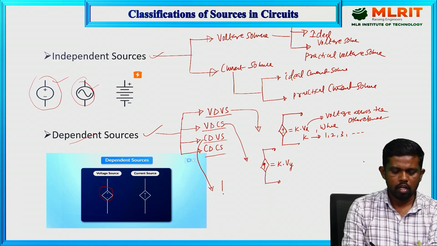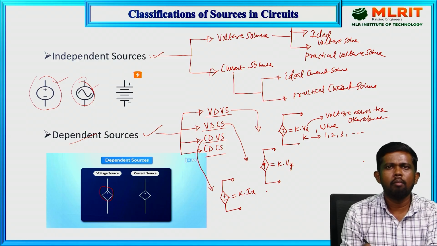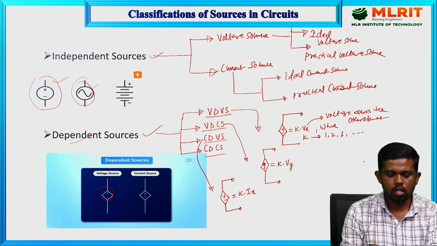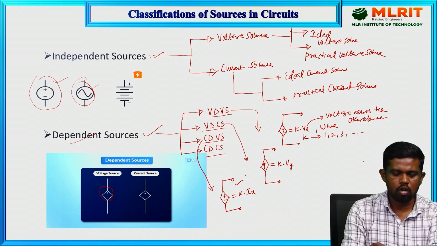Its value depends on the current flowing through another element in the same circuit. That's why it is called a current dependent voltage source, also named a current controlled voltage source. This is the notation of the current controlled voltage source.